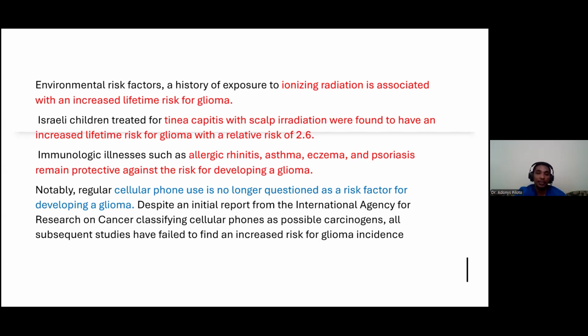Immunologic illnesses such as allergic rhinitis, asthma, eczema, and psoriasis appear protective against the risk of developing a glioma. And notably, regular cellular phone use is no longer questioned as a risk factor for developing a glioma, despite an initial report from the International Agency for Research on Cancer classifying cellular phones as a possible carcinogen. All subsequent studies have failed to find an increased risk for glioma incidence.